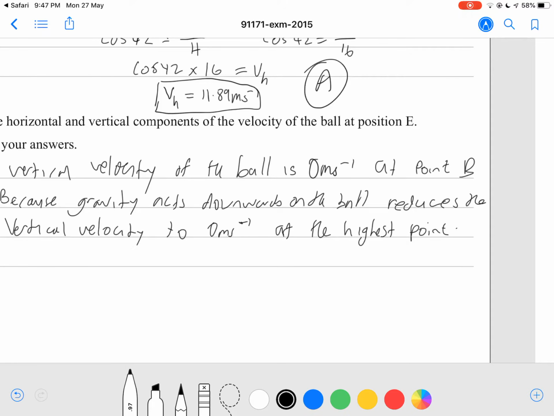Okay, so we're going to say that the horizontal velocity is still 11.89 meters per second, and this is because no horizontal forces are acting.